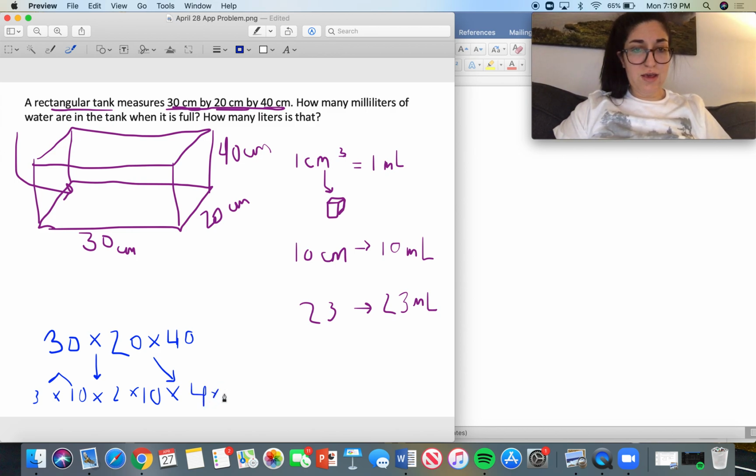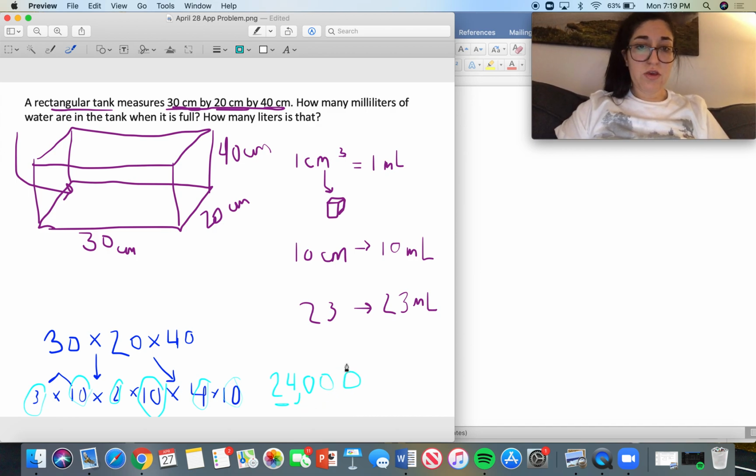And I can do that, and then I can just do what's 3 times 2. So I'm going to circle the numbers as I use them. 3 times 2 is 6, times 4 is 24, times 10 is 240, times another 10 is 2,400, times another 10 is 24,000, right? So in other words, I did 3 times 2 times 4, got 24, and then I add 1 zero for each of the 10s.